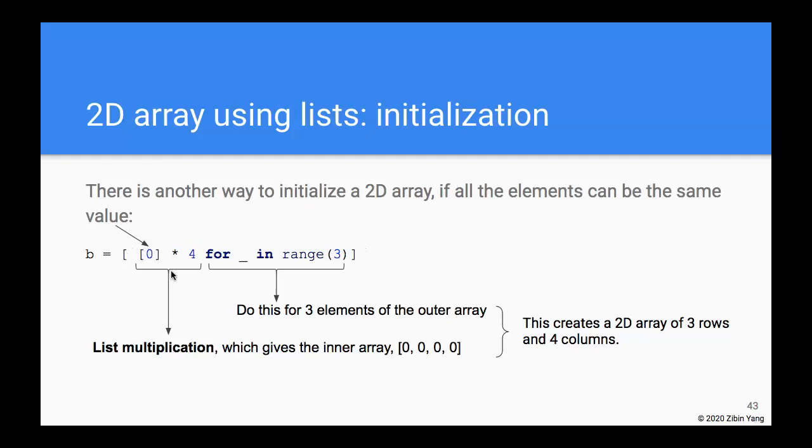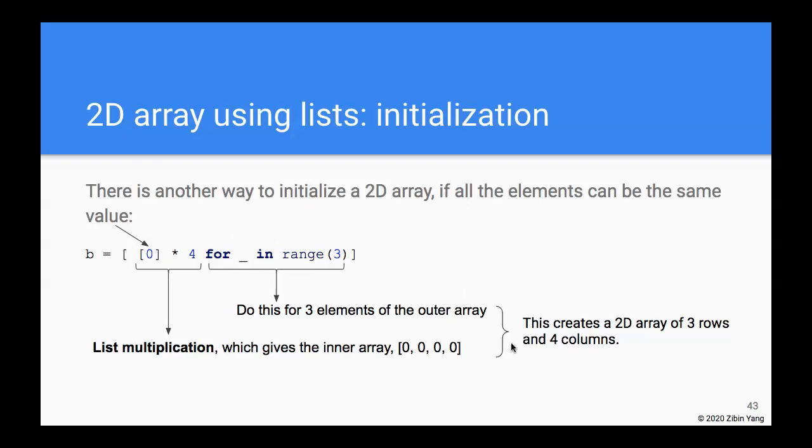Each of these elements is a list multiplication, which creates a list with 4 zeros. This is what we consider the inner array: a list of 4 zeros, done 3 times.